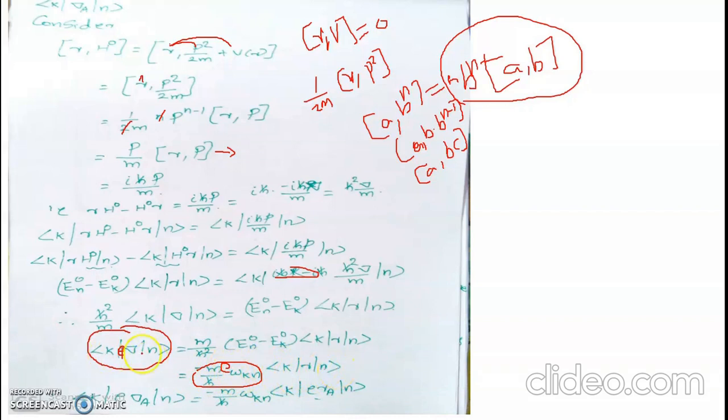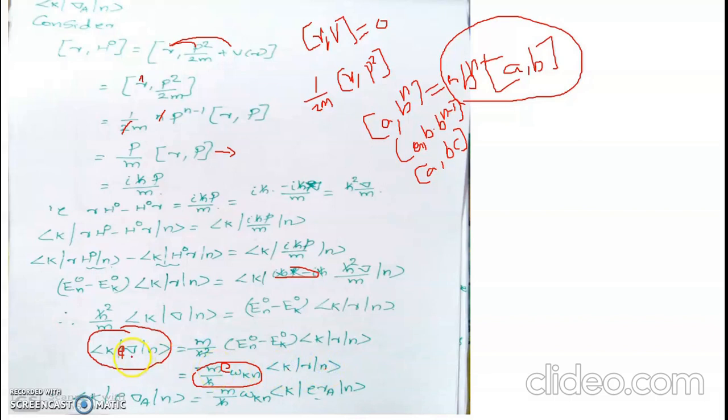That is the expectation value of grad operator, not expectation value. The scalar product of this grad operator between two stationary states is identical with this constant, minus m by h cross omega kn, multiplying the operator r between the same stationary states.